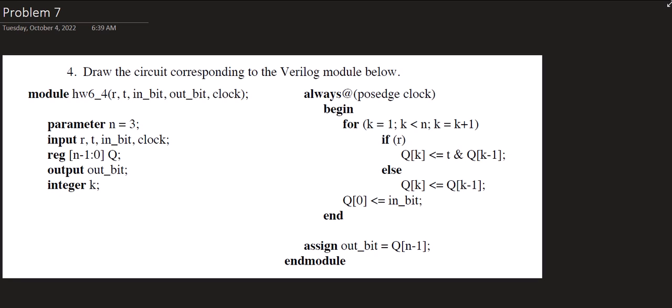So it's a little bit different here because it says parameter n equals 3. When we look at Q, when we did it last time, it was Q2 colon 0. Here it's Q is n minus 1 colon 0, but n is 3.